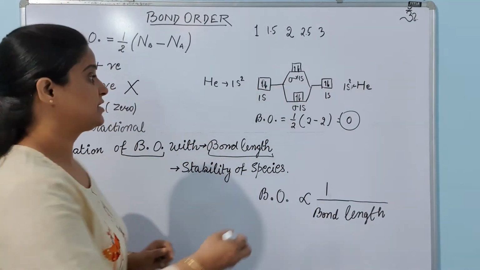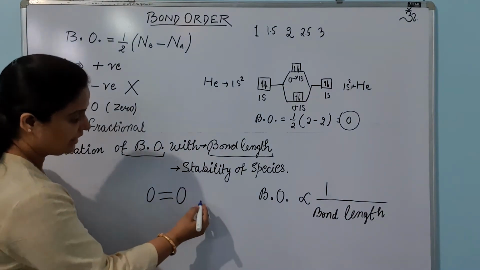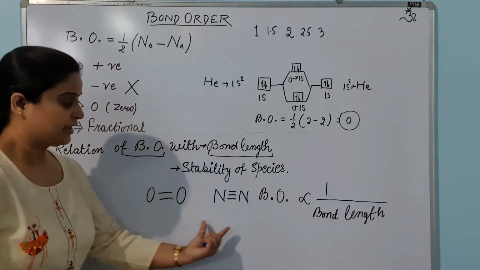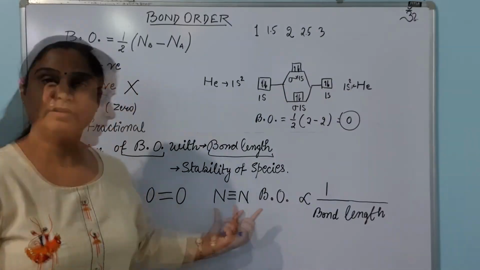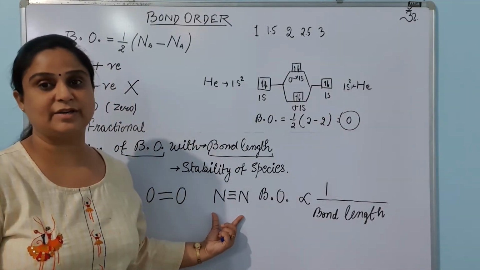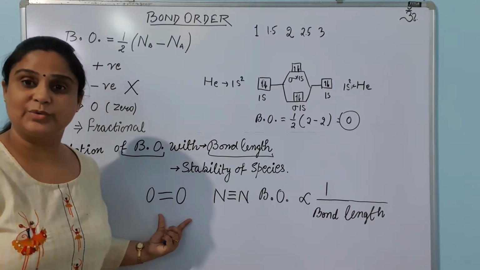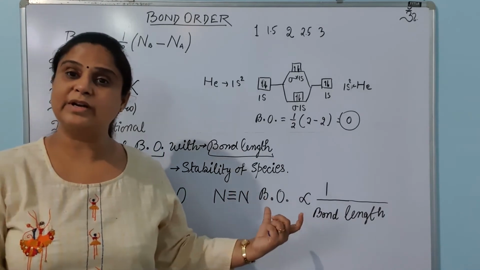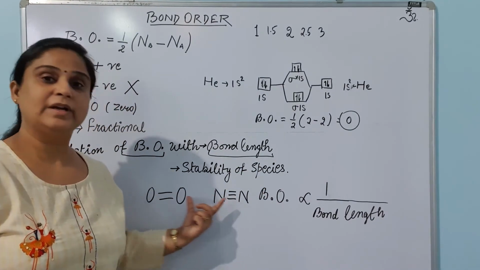In case of oxygen and nitrogen, if I am taking oxygen, there are 2 bonds. In nitrogen, 3 bonds are there. So the bond order of nitrogen is 3, means the bond order is more, and the bond length between nitrogen and nitrogen will be lesser. Because the bond order of oxygen is 2, its bond length will be more than the bond length of nitrogen. So we can compare the bond length between the 2 atoms.